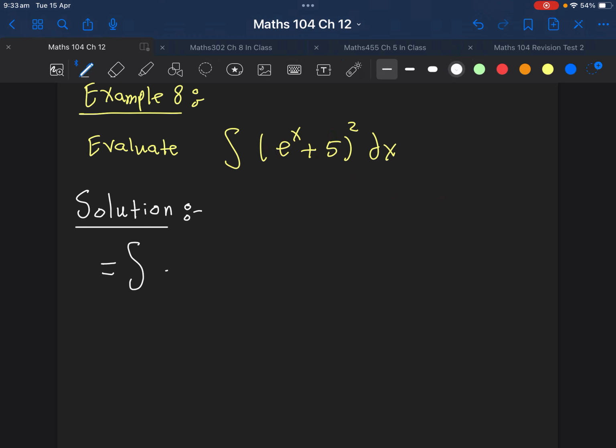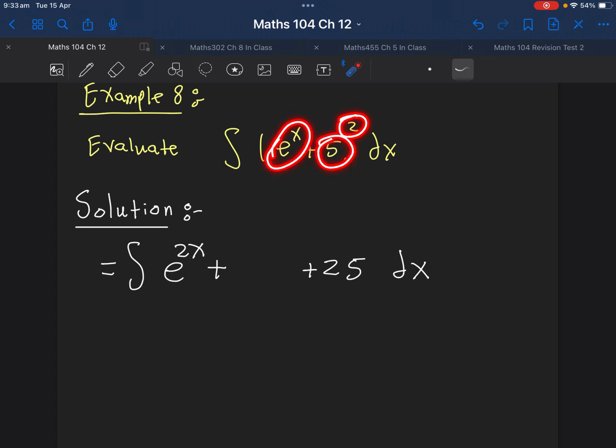So in this case, you will have e squared, so it will be e^(2x), plus the second square, which is 5 squared, just 25. And then you will have 2 times 5 times e^x, which is 2 times first times second. You will get 10e^x.